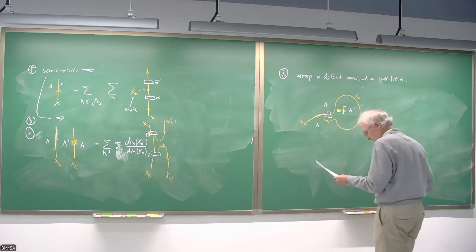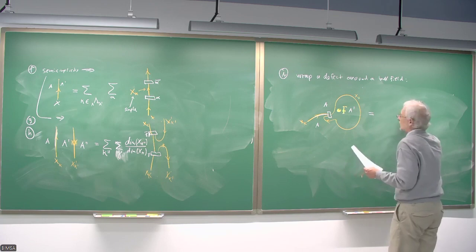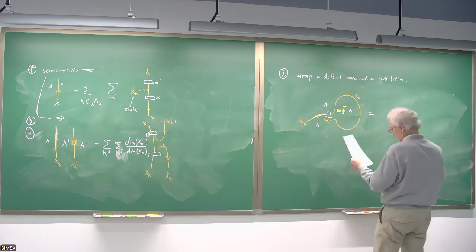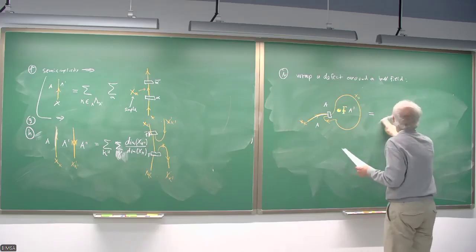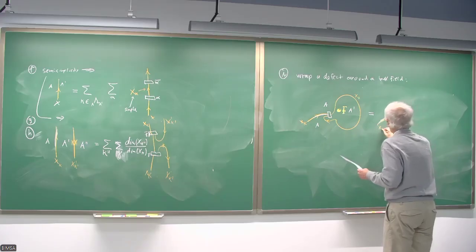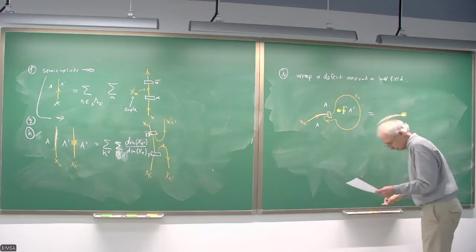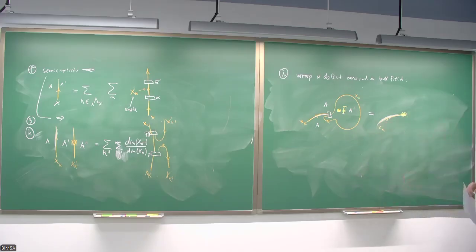And now this can be replaced by the situation where we have only the boundary line here, and now here we have one of these special defect fields.